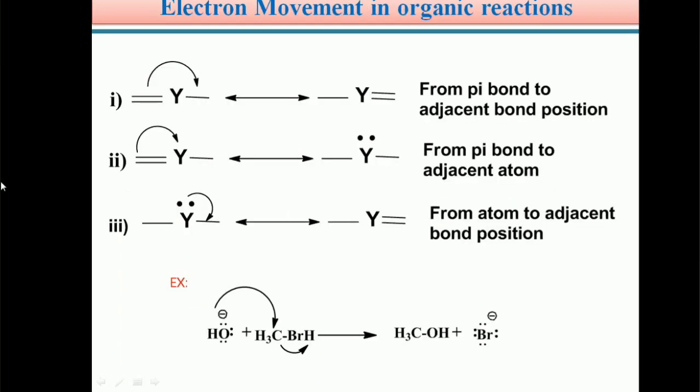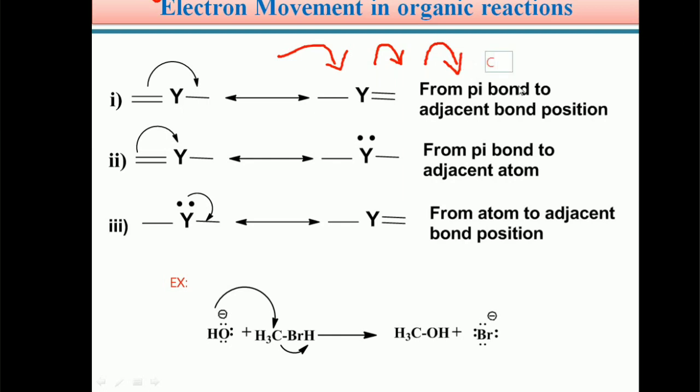Students, the electron movement in an organic reaction is generally denoted with a curly arrow, or curved arrow.